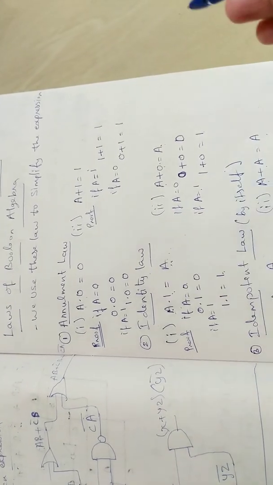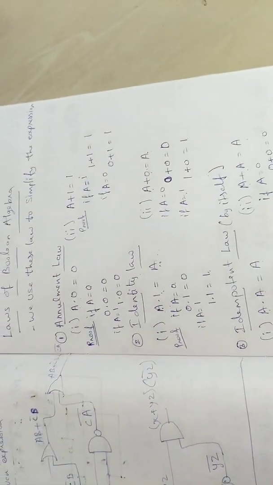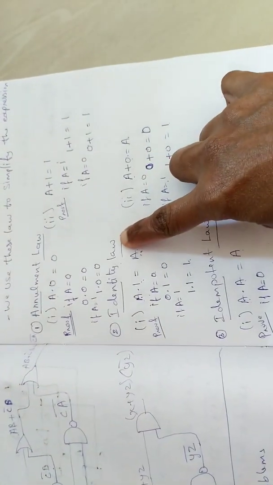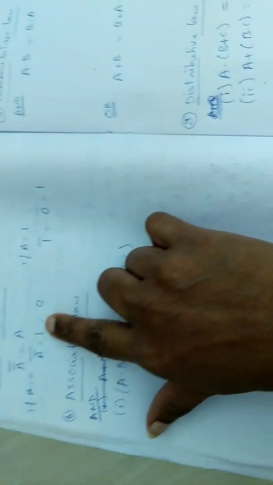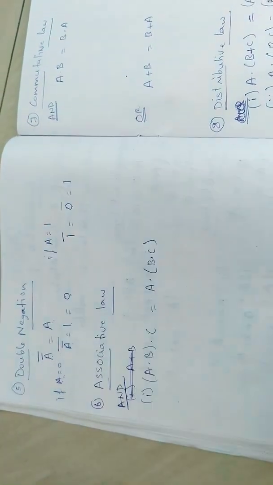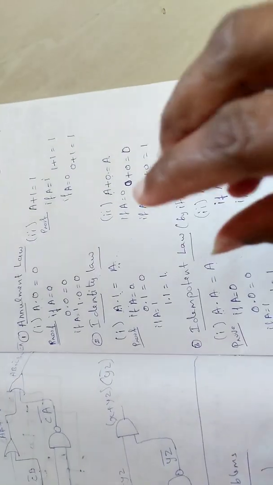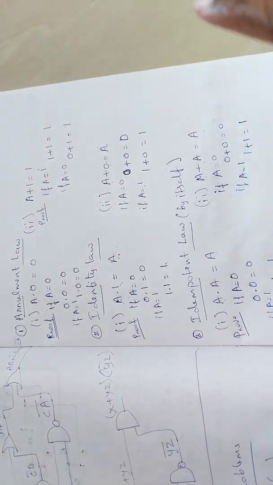After this we are going to see double variables. So these are your single variable laws: annulment law, identity law, idempotent law, complementary law, and double negation law. Using a single variable with AND and OR operations, we have done the laws.